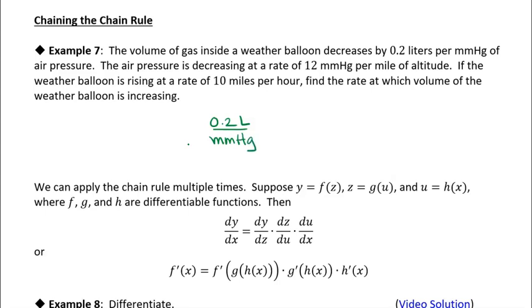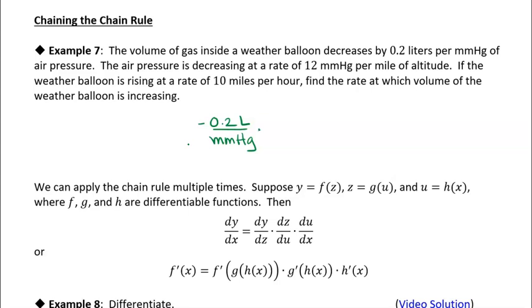It's just a way of measuring air pressure, in millimeters of mercury. Now this is a negative rate, right? Because as the pressure increases, the volume will decrease, and vice versa. As the pressure decreases, the volume will increase. So this is a negative rate.